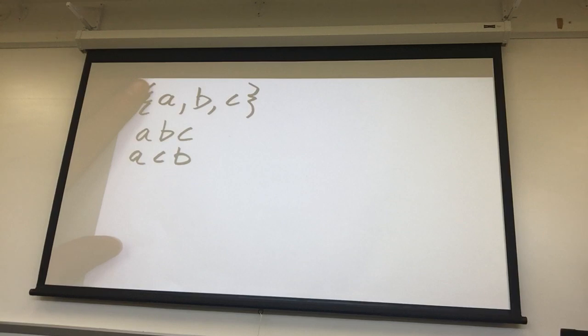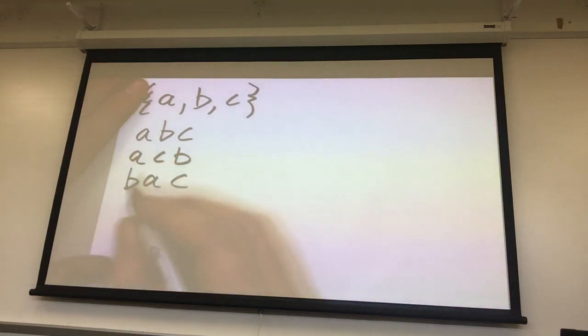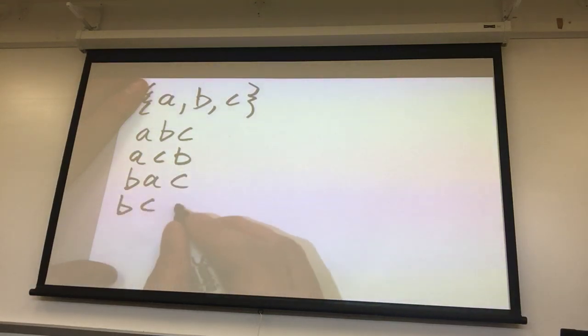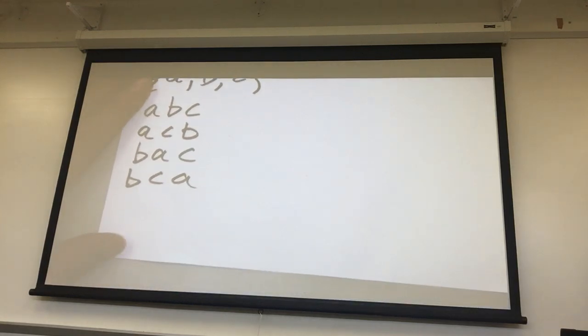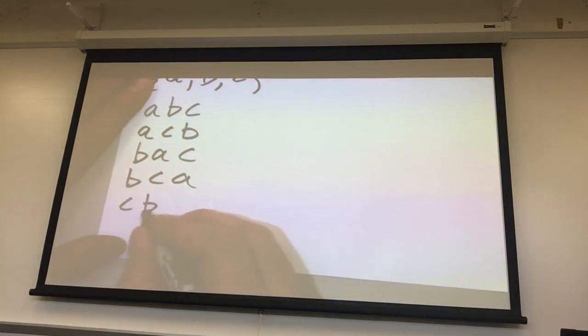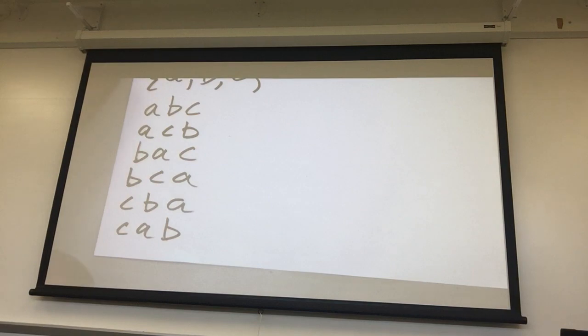And why don't we put B at the beginning? So B, A, C, B, C, A, C, B, A, C, A, B. And so what do we end up with?